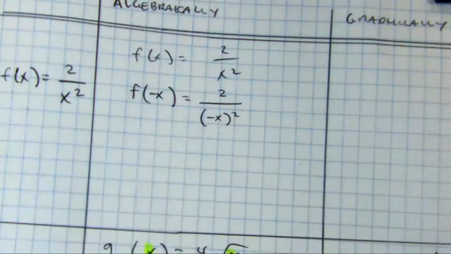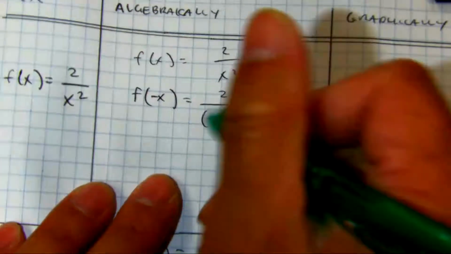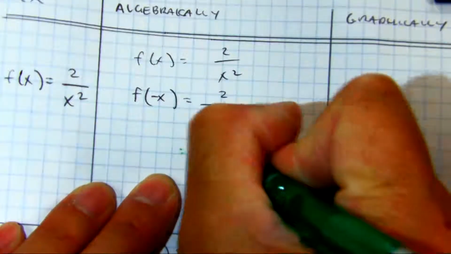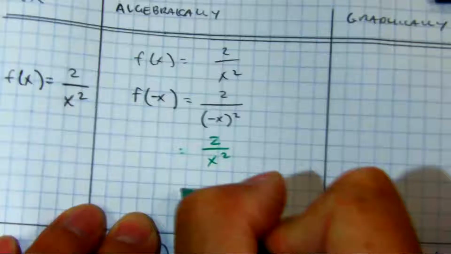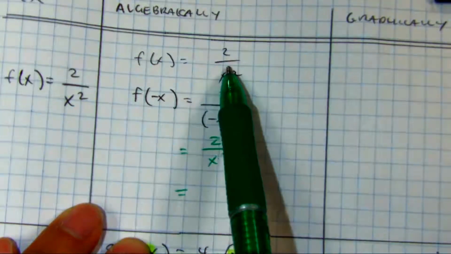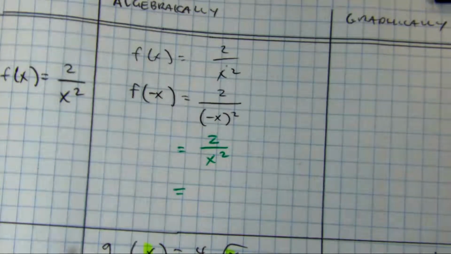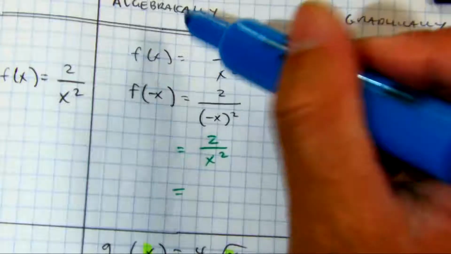Anthony, what is negative x squared? And every time you see 2 over x squared, what can you write, Anthony?